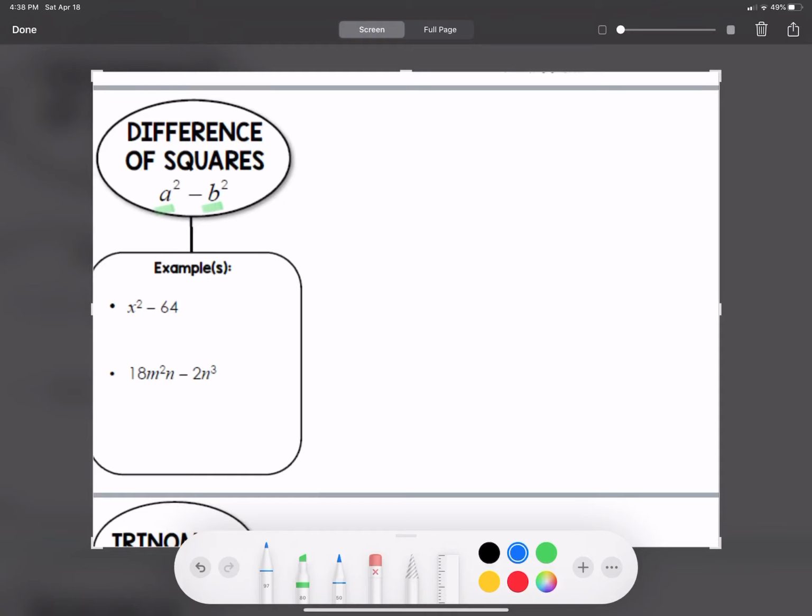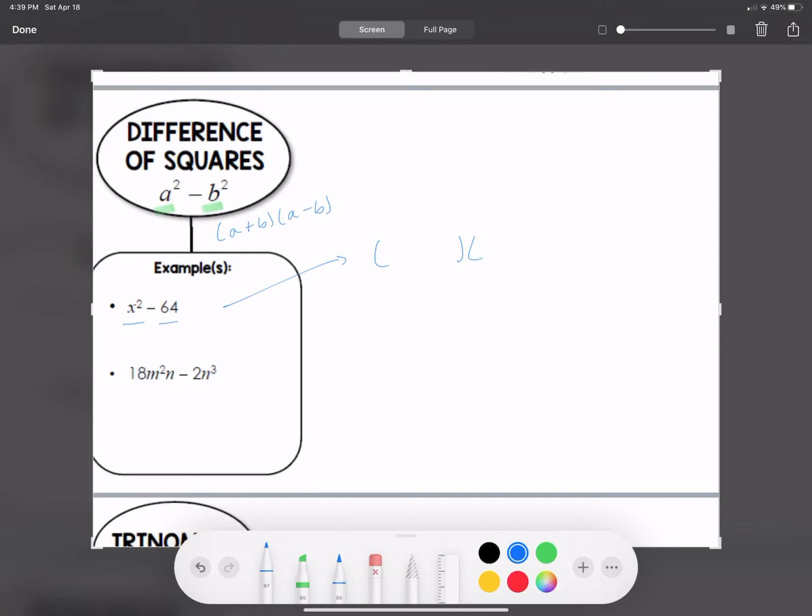If we have that, then we can factor in the form a plus b times a minus b, which is the square root of the first term and the square root of the second term separated by plus and minus signs. So in my first example here, I do have a perfect square minus another perfect square.